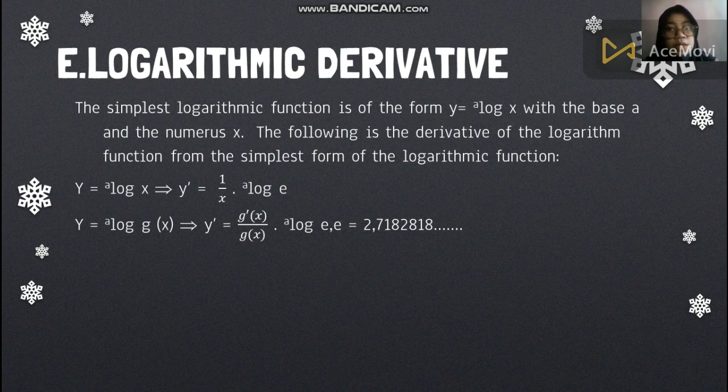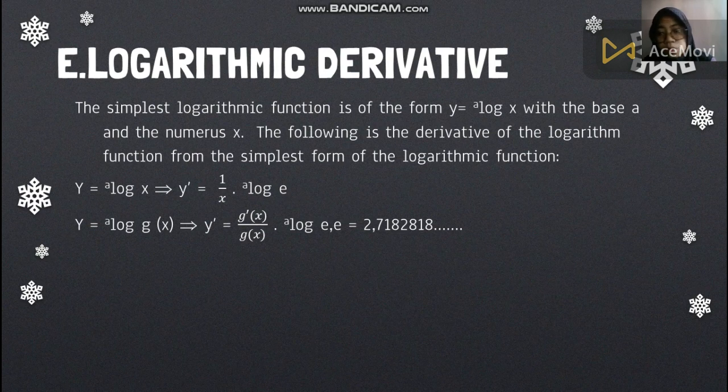The following is the derivative of the logarithm function from the simple form. y = log base a of x, y' = 1 over x times log base a of e.